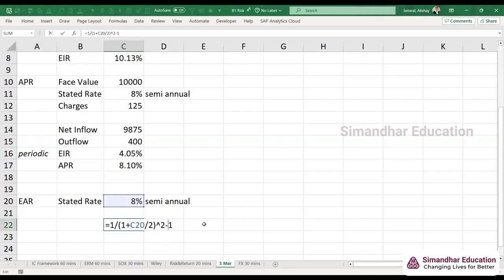One minute, I think it's not 1 divided by. So the formula is 1 plus the periodic rate, basically the periodic effective interest rate we are taking, that is 4%, to the power 2 because 12 by 6, and we take the whole and do a minus 1. Let me put another bracket here so that it's more understandable.